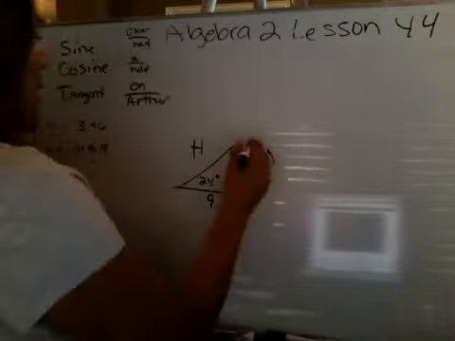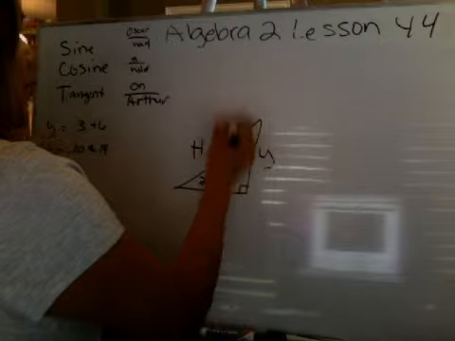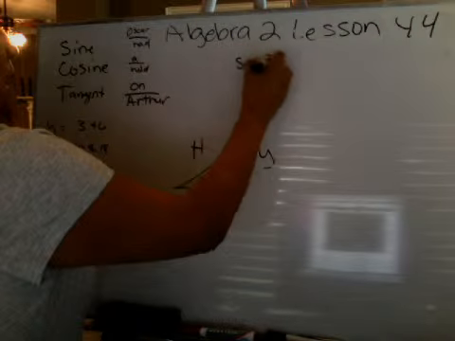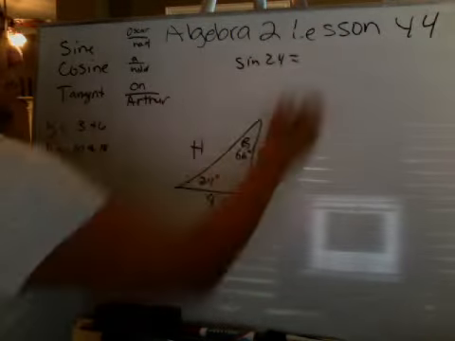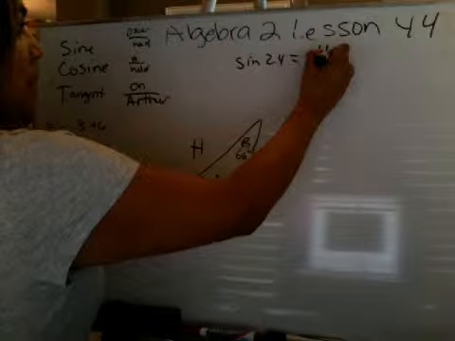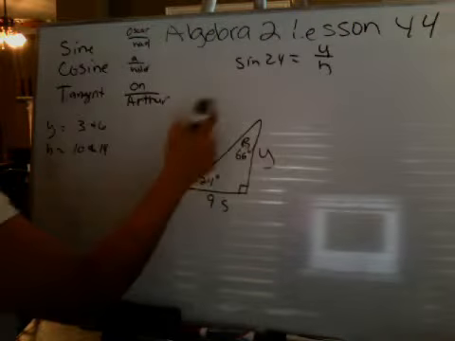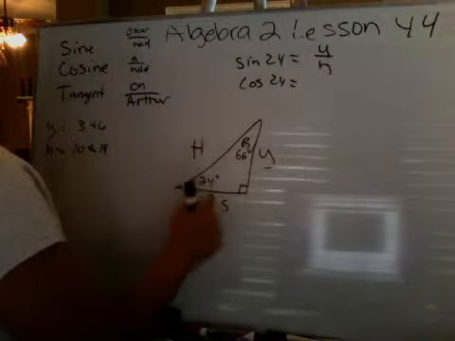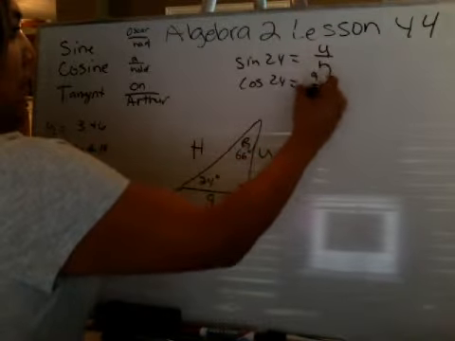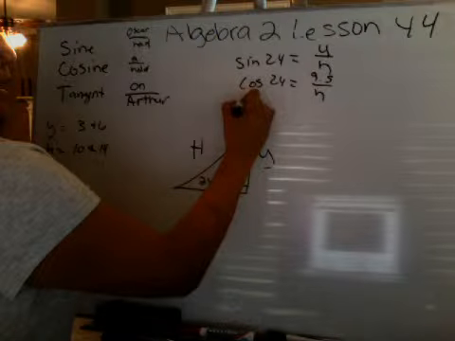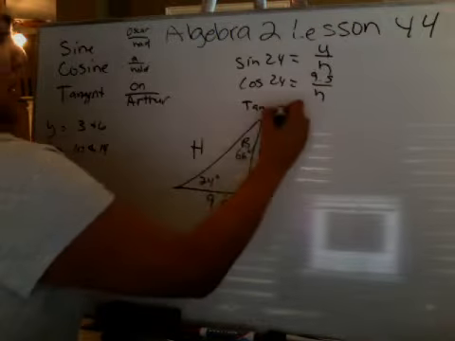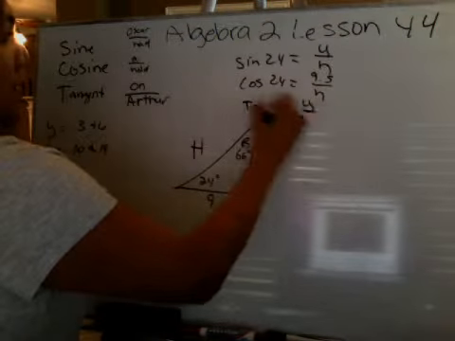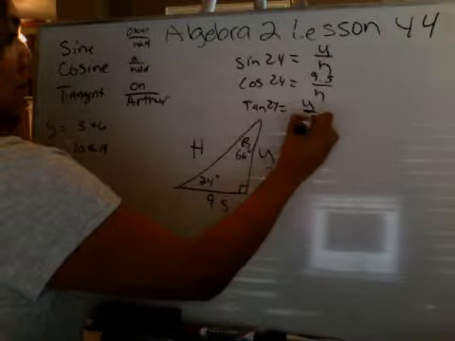Then we have to find the sine, cosine, and tangent of each one. So sine of 24 is going to be Y over H. Remember, opposite over hypotenuse. Cosine of 24 is going to be adjacent, 9.5 over H. And tangent is going to be opposite over adjacent.